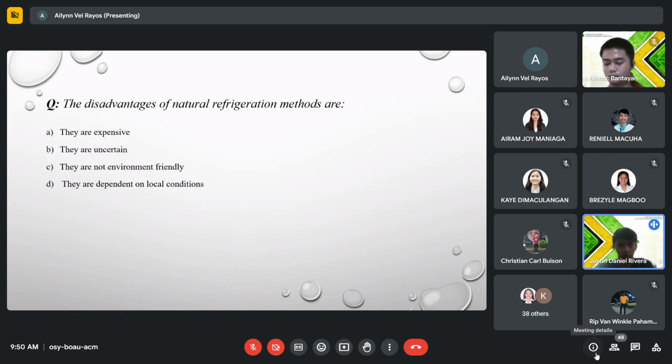Well, they are uncertain and dependent on local conditions since nakadepende po siya sa weather conditions. Kaya po uncertain. Nagbabago po kasi ang panahon. Okay. So that is correct. So the disadvantage is that it is uncertain and dependent on local conditions.